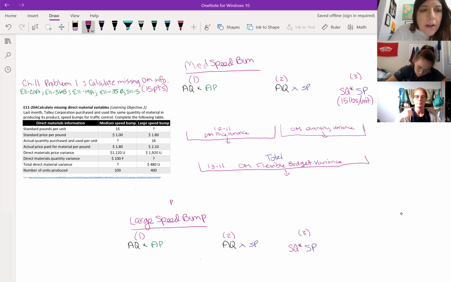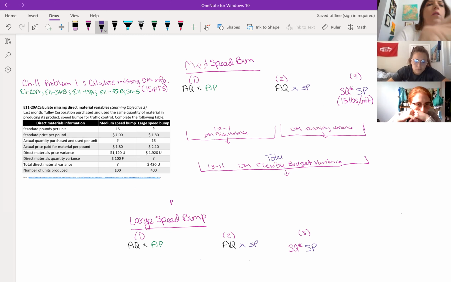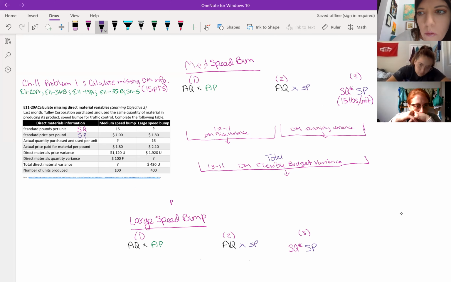The standard price per pound is going to be our standard price. So I'll label it over here too. So SQ, this is going to be our SP. So $1 per pound is how much we should pay. And then since we use the SP over here, I'm just going to label it as well. $1 per pound.